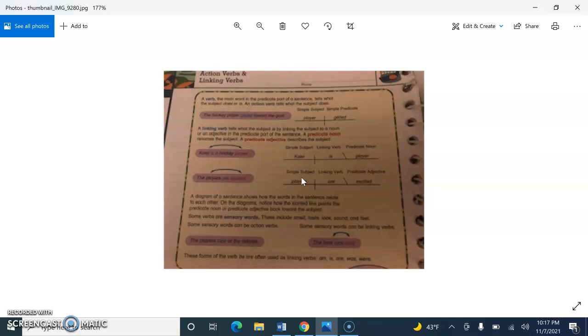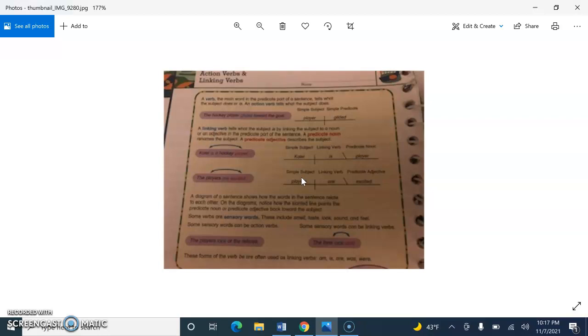Well, obviously players would refer to people, and people have eyes, so they can actually do the action of look at the referee. Then you have the fans look cold, and you can see where cold refers back to fans, and it's not an action in that sentence.